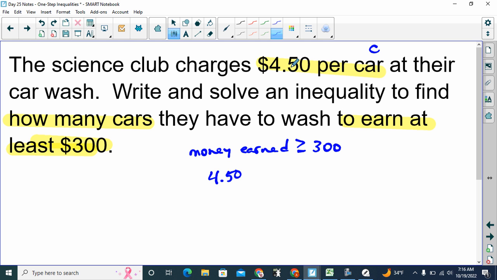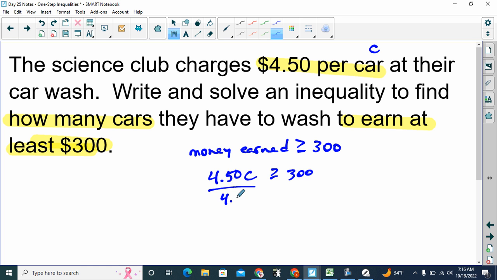If they had 2 cars, we do 4.50 times 2, or 3, 4.50 times 3. We don't know how many cars, so it's 4.50 times C. So we have 4.50 times C is greater than or equal to 300.